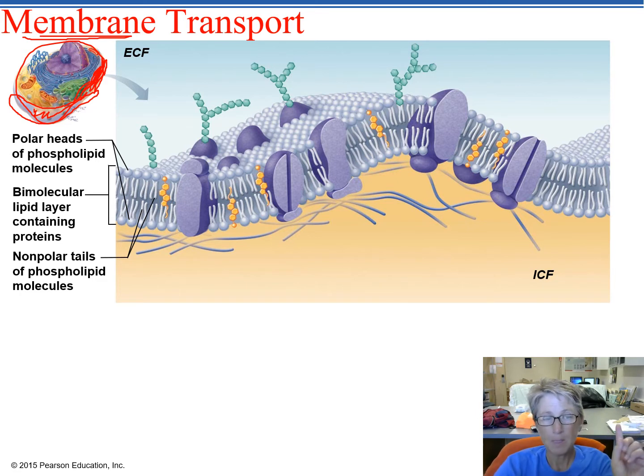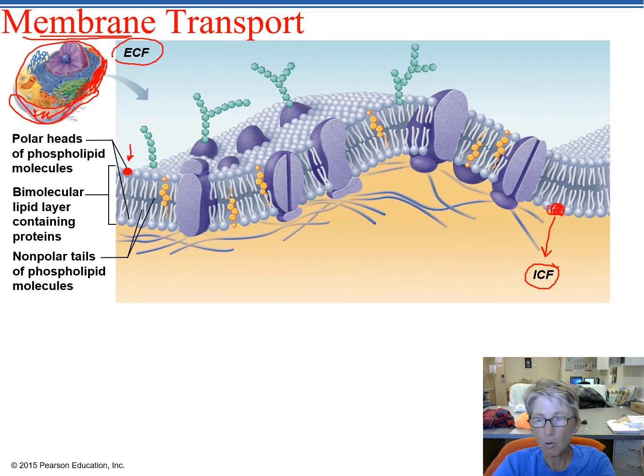You would say the plasma membrane is constructed as a phospholipid bilayer, with the polar heads of the phospholipid molecules in contact with the fluid portions. The polar heads would be in contact with the ECF, and in the second layer of the bilayer, those polar heads would be in contact with the ICF. And we talked about why that's the case.